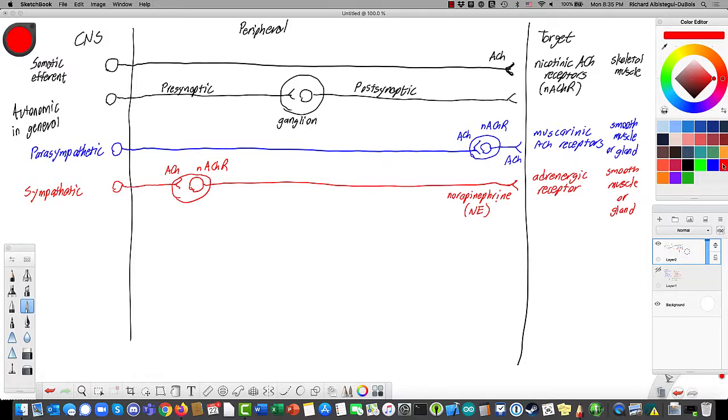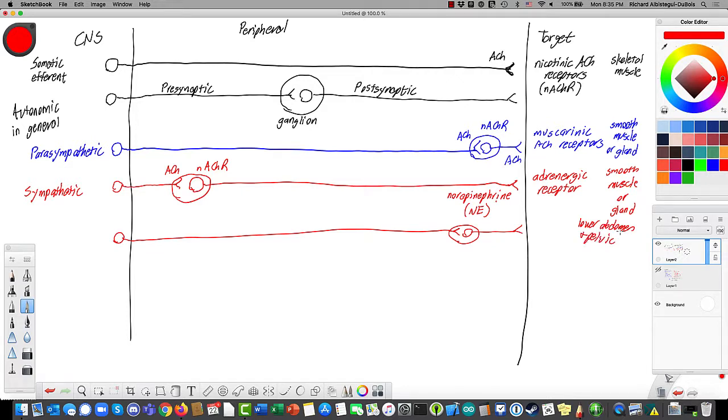But because we can't have it be too simple, there are some alternative sympathetic pathways. In some cases, the preganglionic cell actually has a long axon and there's a ganglion close to the target. Neurotransmitters are the same. So these are mostly going to lower abdominal and pelvic organs.